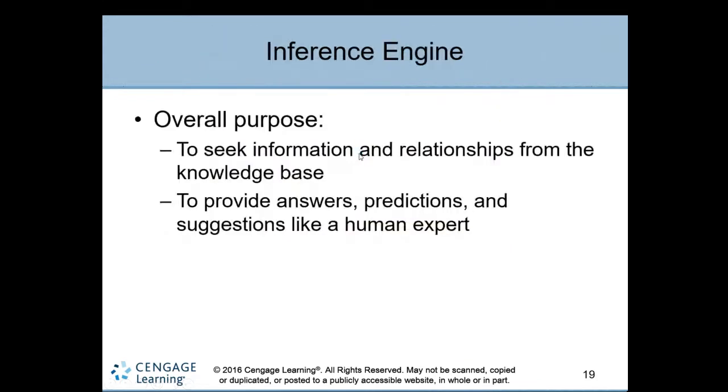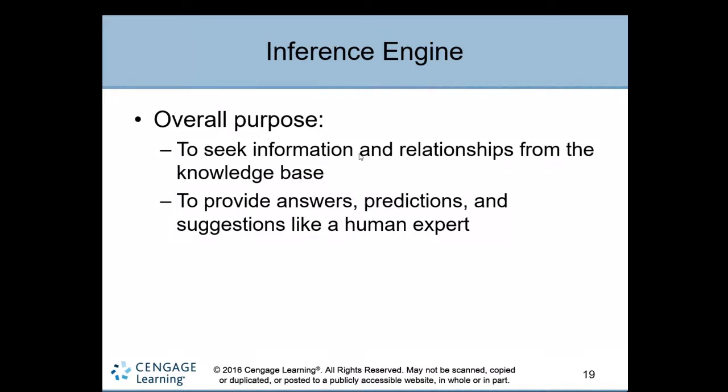So what is the main purpose here? The main purpose is to seek information and relationships from the knowledge base: the relationships between the data, information, and cases, between objects and entities within the knowledge base, to provide answers, predictions, conclusions, and suggestions, like human experts.